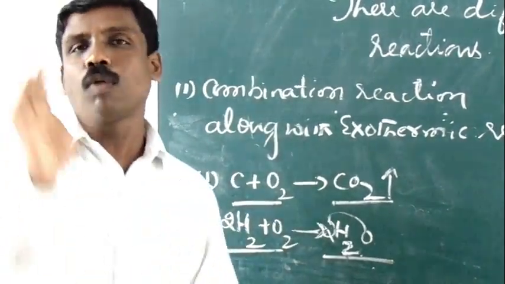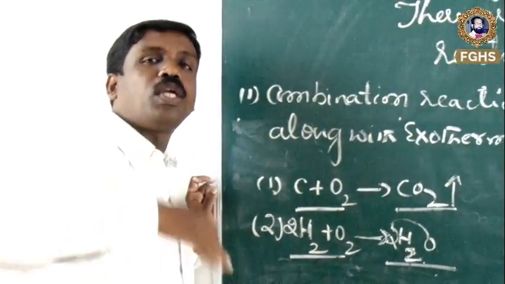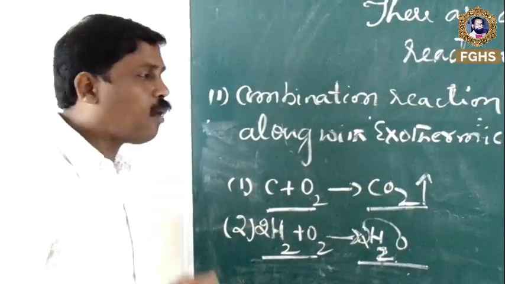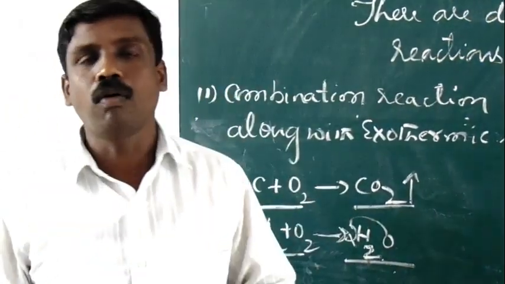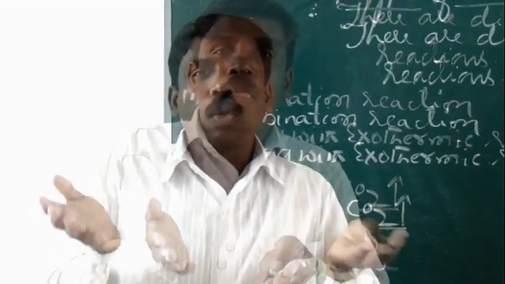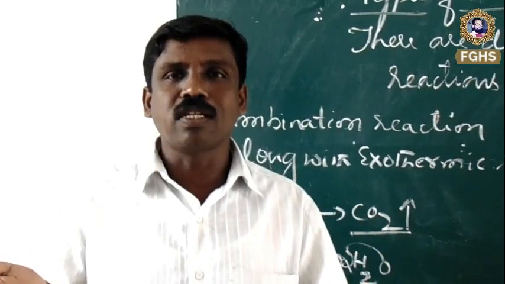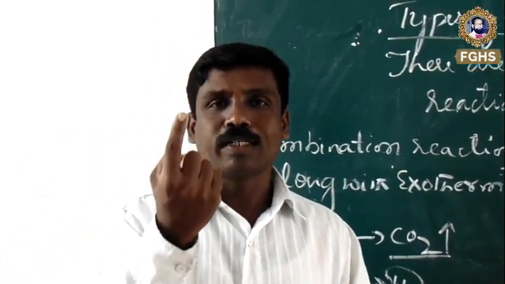But you need to understand one more thing. Sometimes the reactants may not be two. It could be more than two. So now the explanation changes for combination reaction. How can we explain it now?